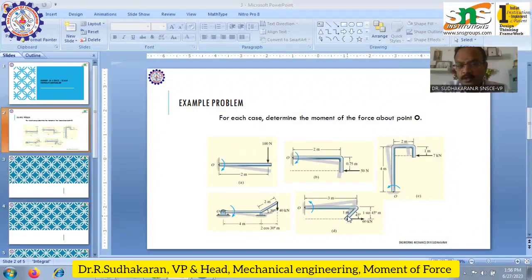Now, how will you determine the moment of the force about the point O? Moment of the force is equal to force into perpendicular distance.